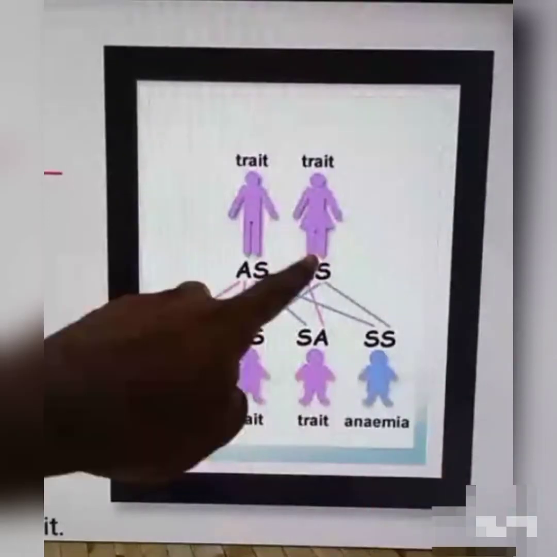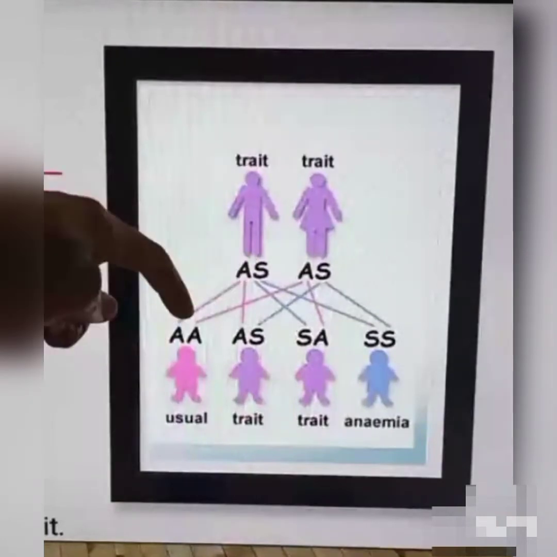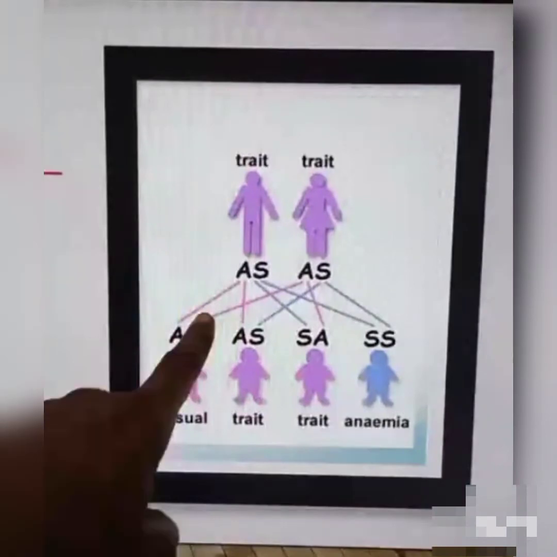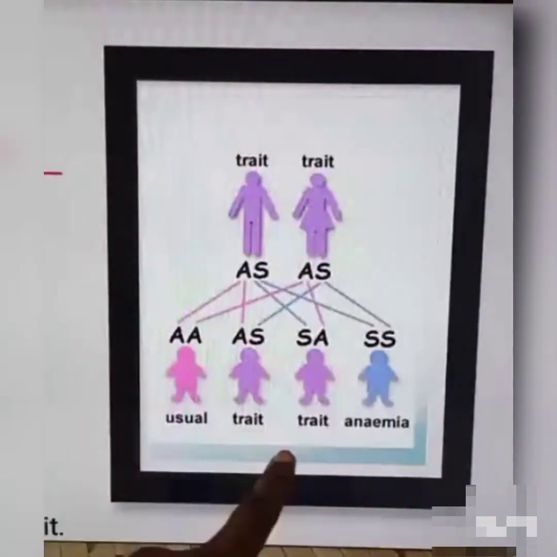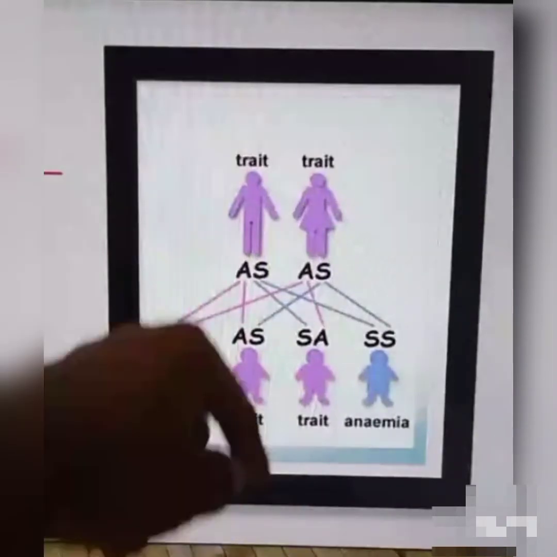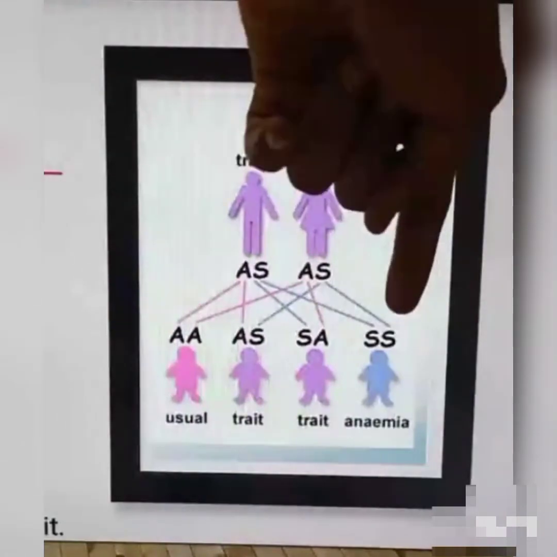But when they now come together, AS, the chances that they will have AA is just 25%. That is 1 out of 4. There's a 50% chance that they will have children that have AS. And there's also a 25% chance that they will have a child that will have sickle cell anemia.